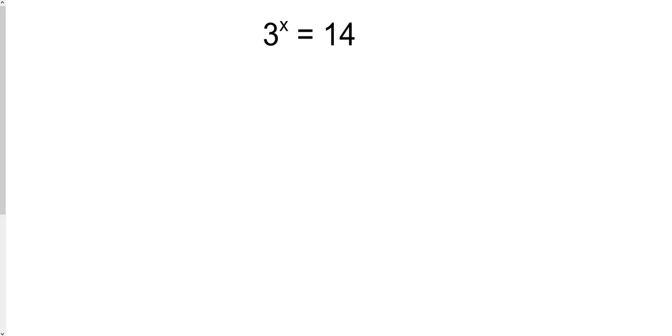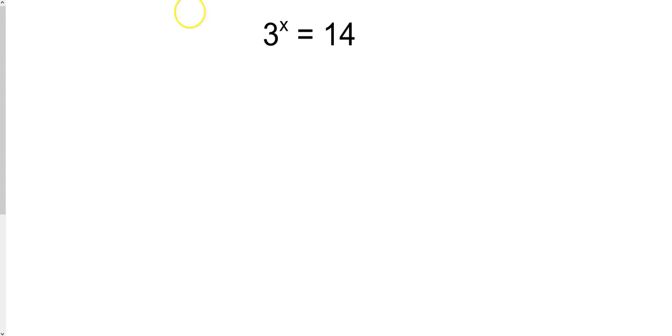So let's do 2 quick examples. So we have 3^x = 14. There's no way I can get the 14 to turn into a base of 3 to some exponent. That's just not going to happen. So what we have to do in this case is take an ln of both sides.